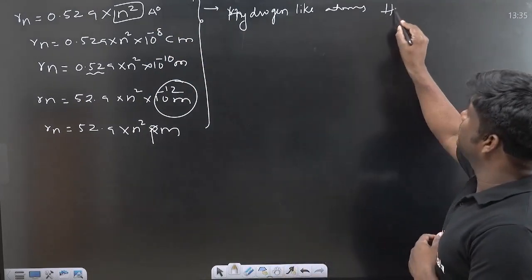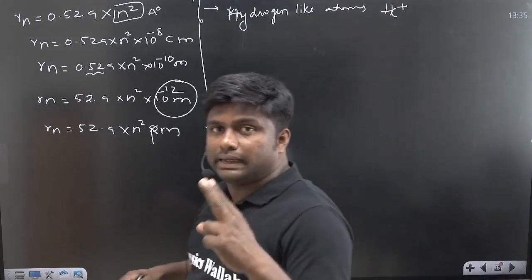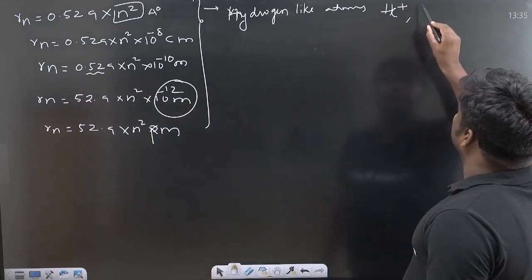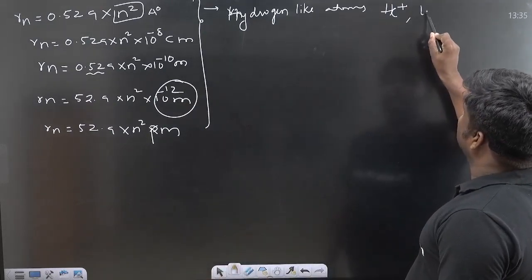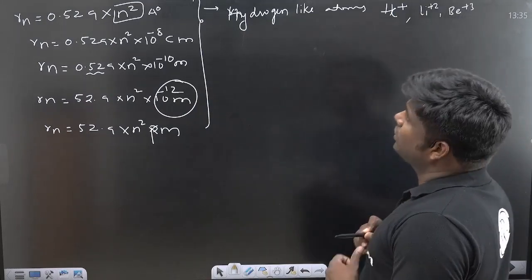Hydrogen like atoms means what? Single electron atoms. Helium plus: helium atomic number is 2, 2 electrons are there, and helium plus means 1 electron is lost. Next lithium 2 plus, beryllium 3 plus, all these are hydrogen like atoms.